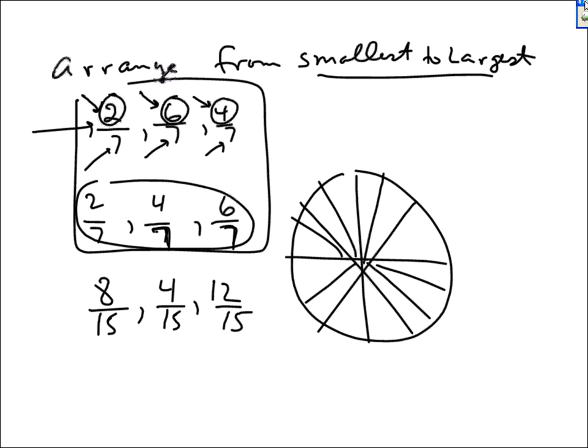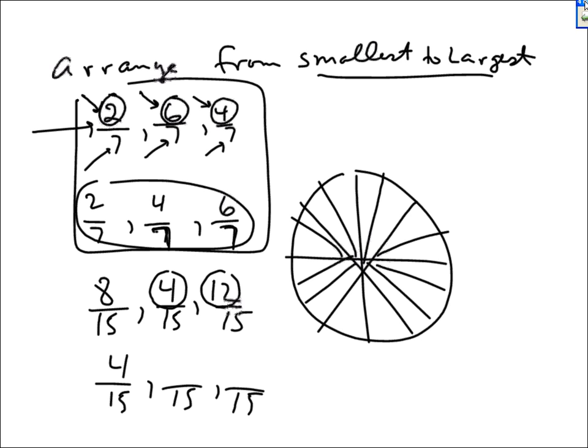I'm probably wrong, but imagine it's 15. Okay, so from smallest to largest. Well, we know the three numbers all are over 15. The smallest one is 4 out of 15. Somebody only had 4 slices. The next least hungriest person had 8. The hungriest person, or the person that had the most, had 12.